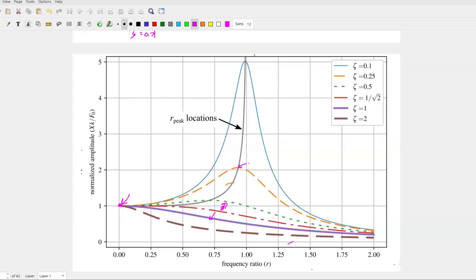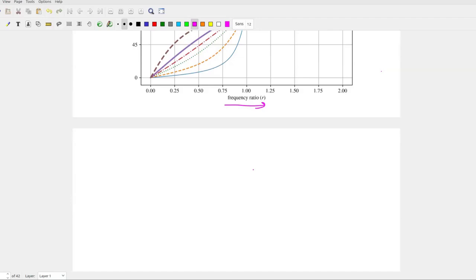How do you know that this is your peak? Well, it's relatively simple. It's just when our derivative with respect to r of capital X k over f naught is equal to 0, we're at a flat line, right? That's when I've got a flat line at the top.